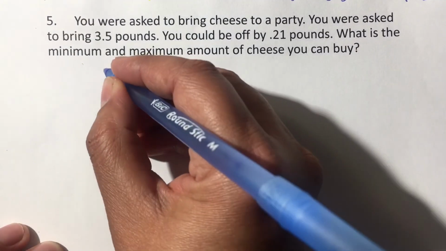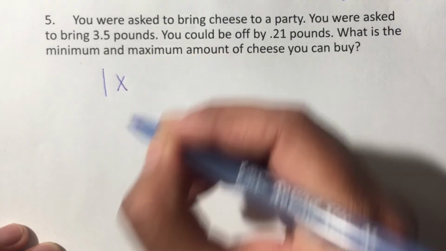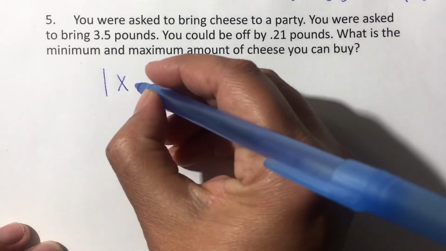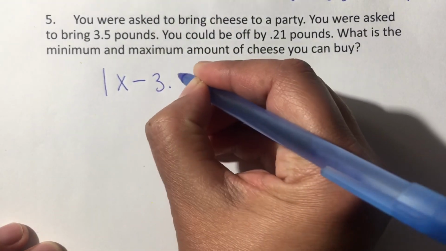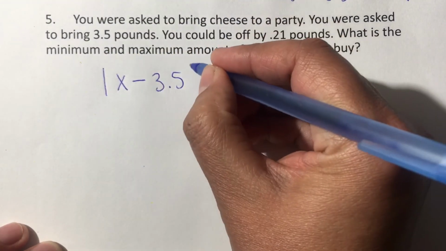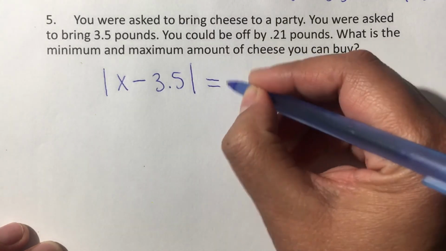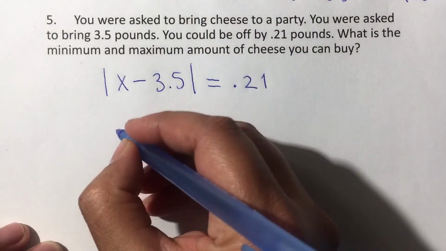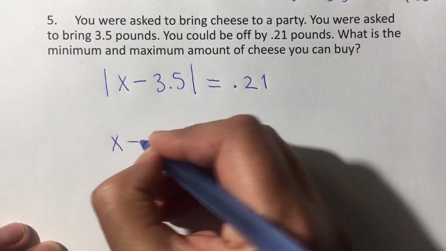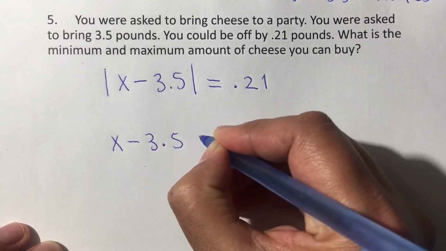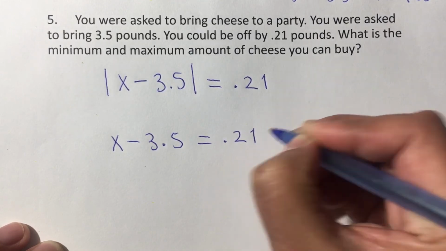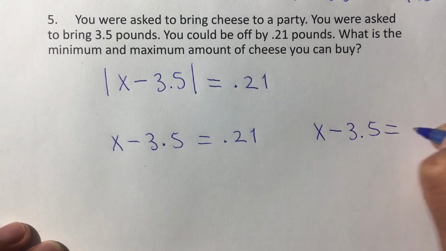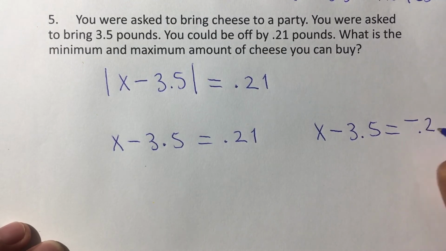So in here again, the maximum and minimum amounts will be represented by x minus the amount that you know you need to bring, and the tolerance will be over here, which is 0.21. Now we put x minus 3.5 equals 0.21 and x minus 3.5 equals negative 0.21.